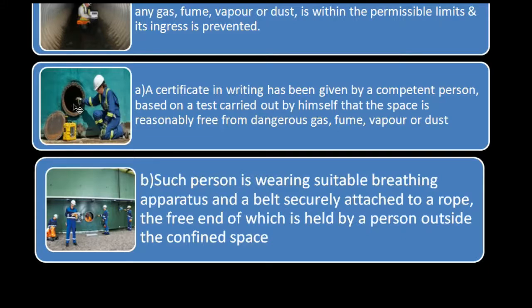If the results of the test are okay, then he will provide a certificate that the inside atmosphere is okay and a person can go inside. This certificate has to be taken before any person enters a confined space. This will ensure that the atmosphere inside is okay for a person's entry.